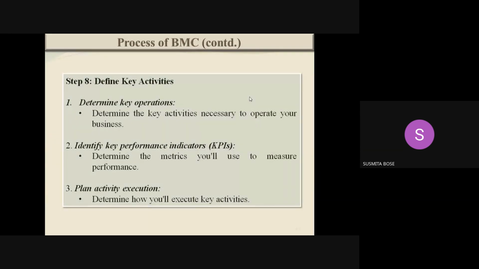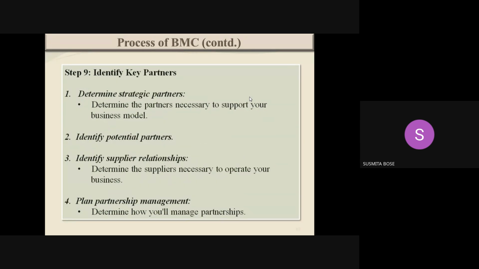Next, define key activities. What will be the key activities to operate your business? The metrics you will use to measure the performance of the key activities, and how you will execute the key activities. And the last one is identify key partners. Determine the partners necessary to support your business model.